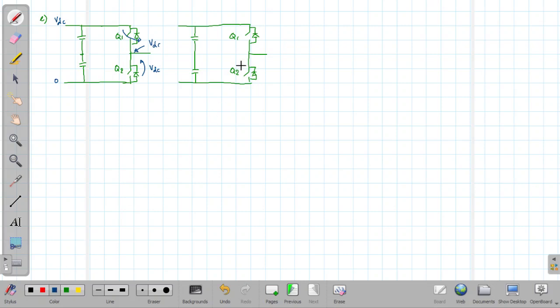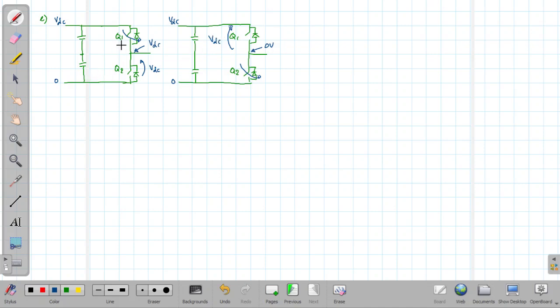We are going to close this switch. So this is 0 and this is VDC. Now when we turn on this switch, the voltage at this point would be 0 volts. So again, the voltage appearing across the other switch is going to be equal to VDC.